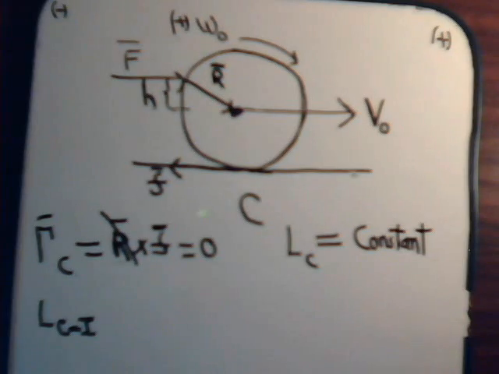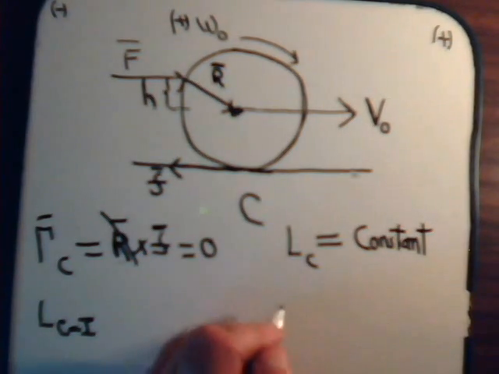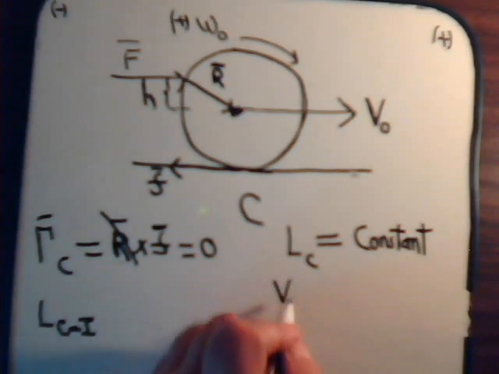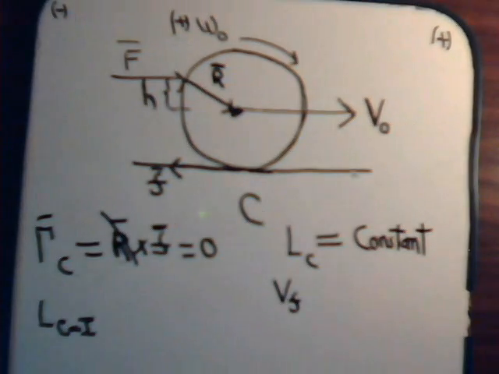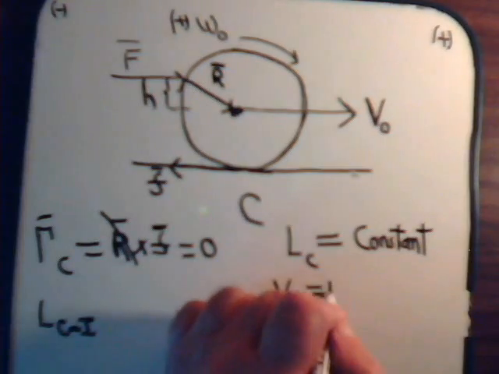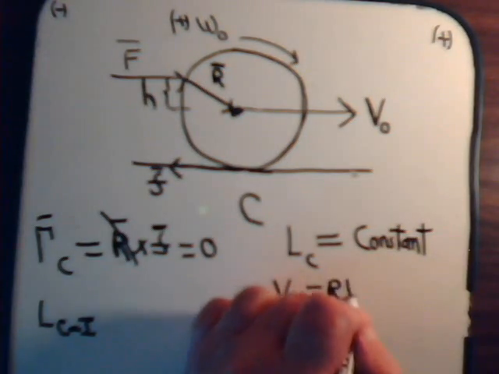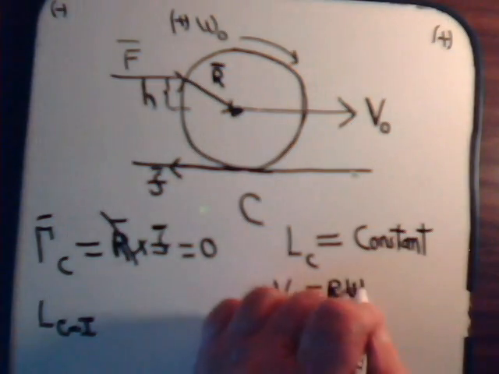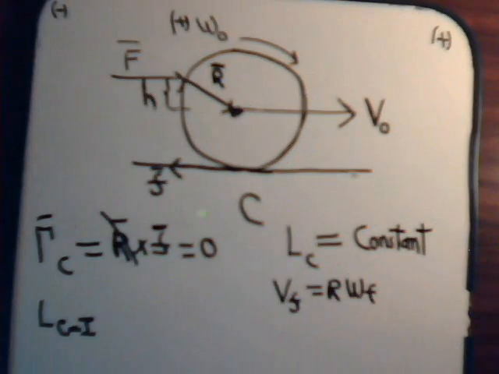Then, at some time t, the ball goes into pure roll, and at that time it has a certain velocity, which we'll call Vf. When it goes into pure roll, that is equal to r times the angular velocity at that time. That's the relationship for pure roll, as we talked about in video 30.